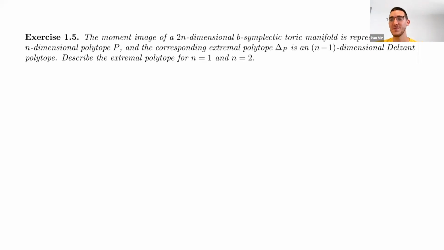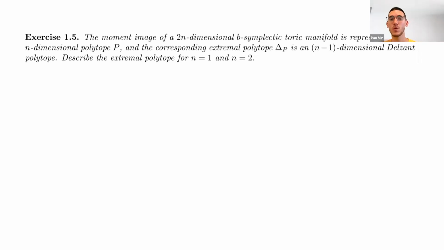Since we know the Delzant polytope theory, and the statement says that the external polytope is a Delzant polytope, we could describe this external polytope, and deduce which is the b-polytope of the manifold in the cases n equal to 1 and n equal to 2. But I will go directly to exercise 6, and maybe some things that I comment while doing number 6 will be useful for number 5.